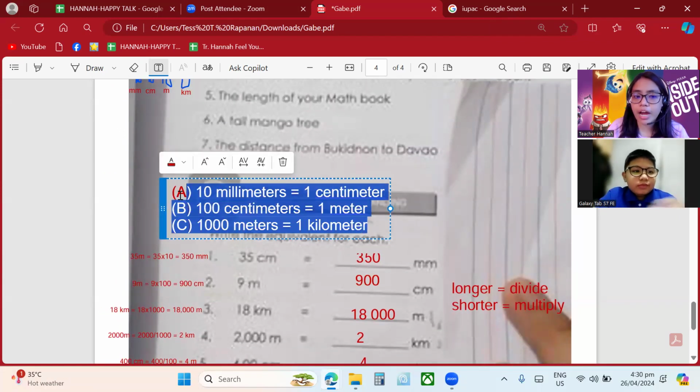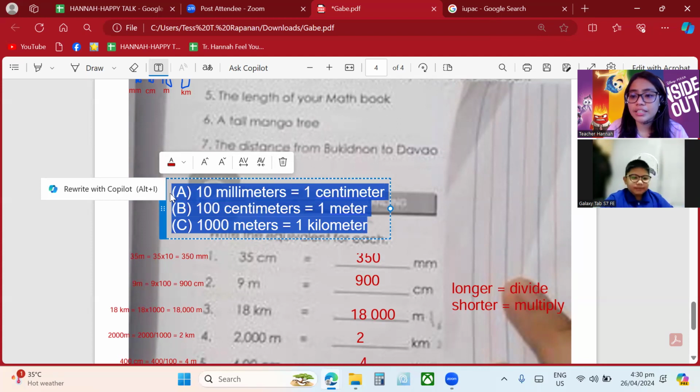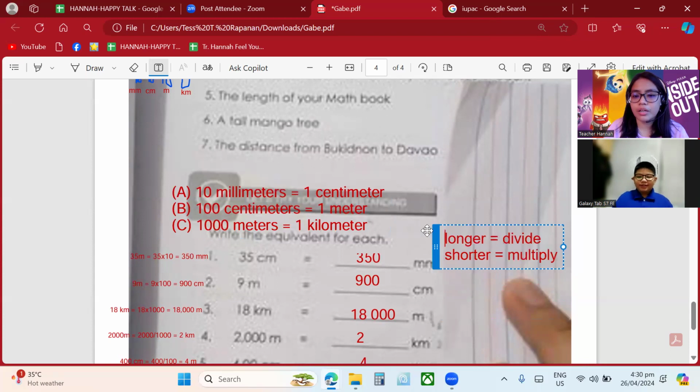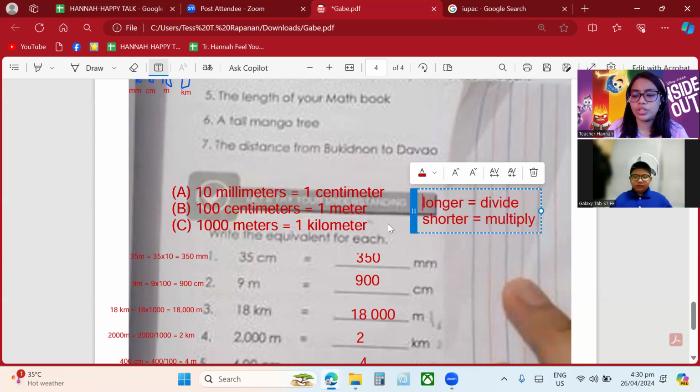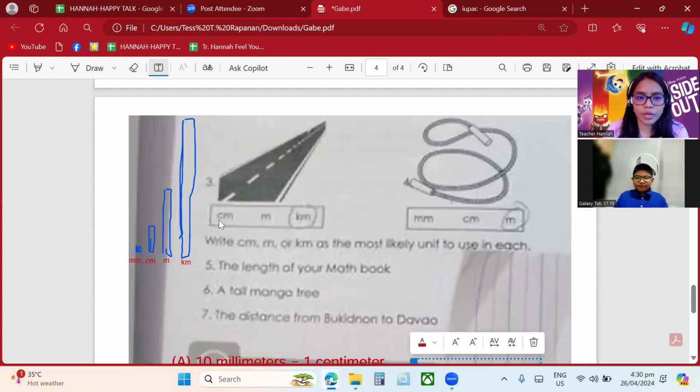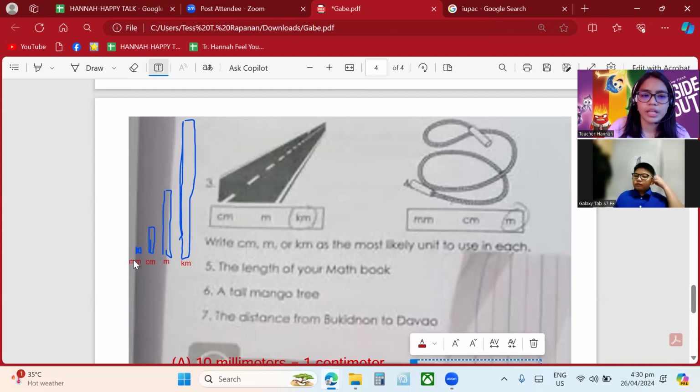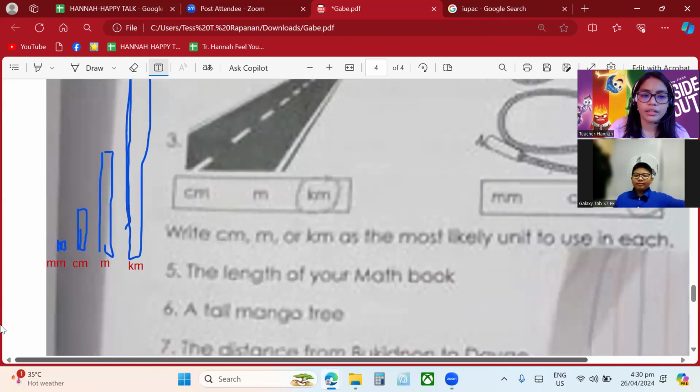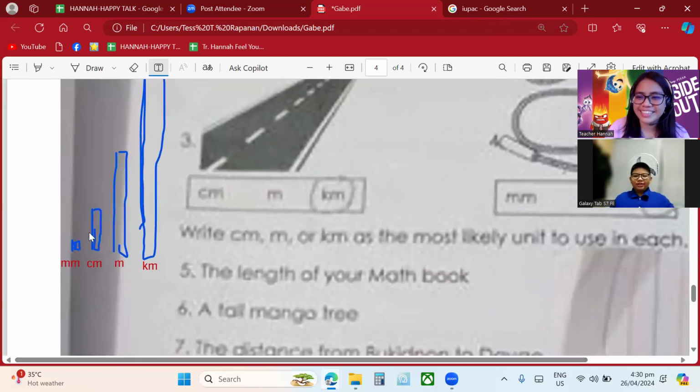Memorize, okay? And remember this one: longer and shorter, divide and multiply. And this one too. Remember who is the longest.